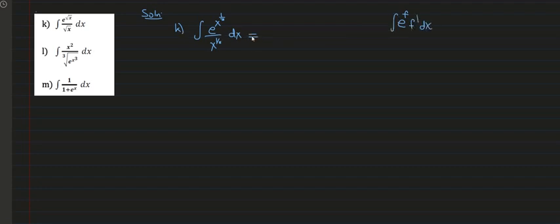So let's rewrite this as the integration of e to the power of x power of half, multiply this power in the denominator. If we have 1 over x power m, this is raised as x to the power of negative m. So we can multiply with x power negative half dx. Now we need to make sure that what's beside is the derivative of the power of e.